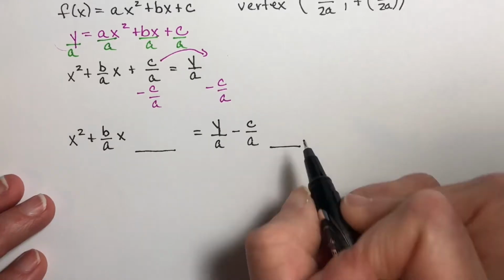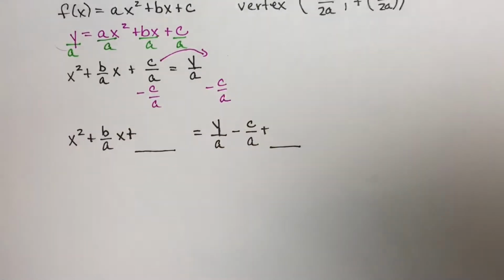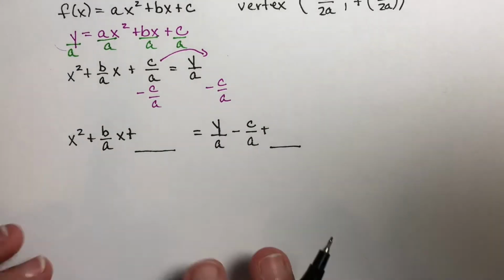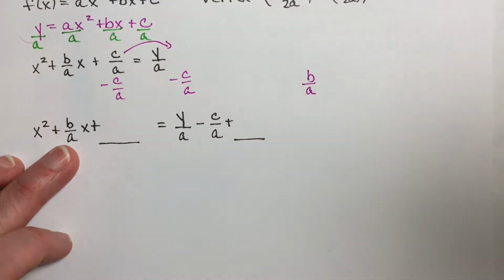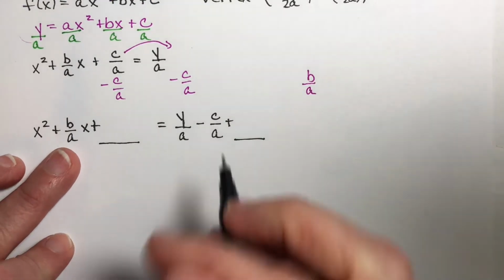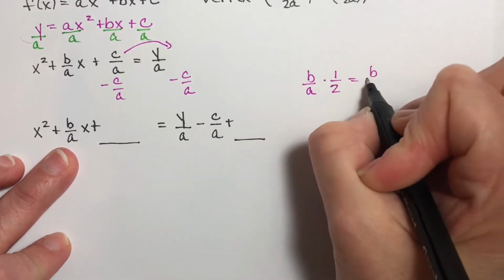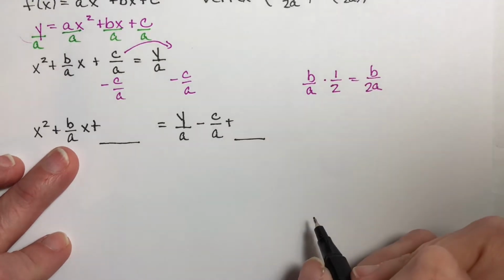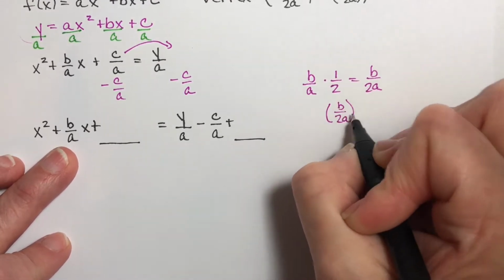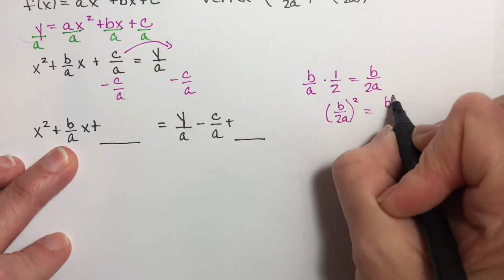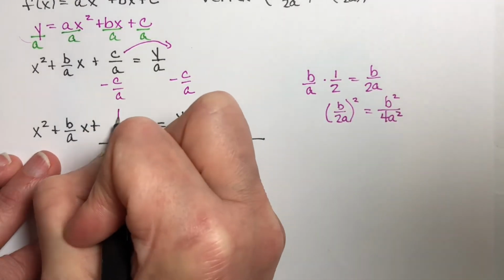Again, a little space, because I'm going to add the quote-unquote magic number to both sides. To find the magic number, we take the number in front of our x, which is b/a, and we divide it by 2, which is equivalent to multiplying it by 1/2. That gives me b/2a. And then we square this. (b/2a)² is b²/4a², and that's what I'm going to add to both sides.